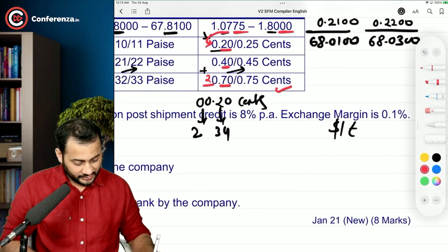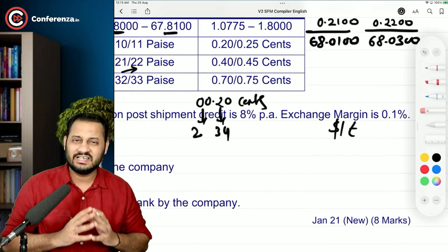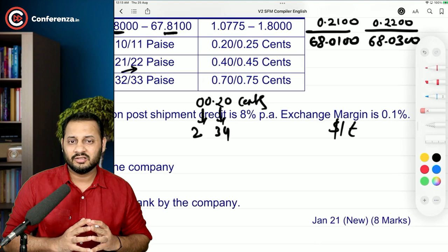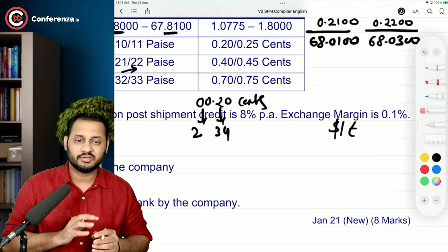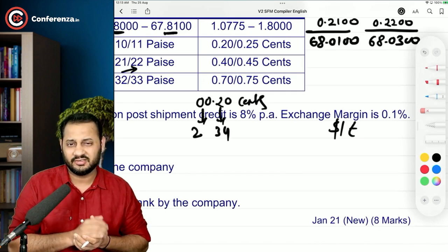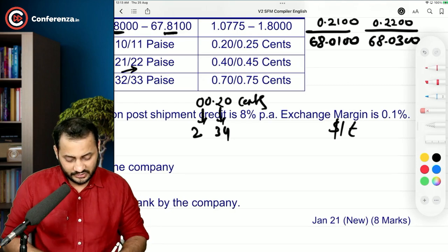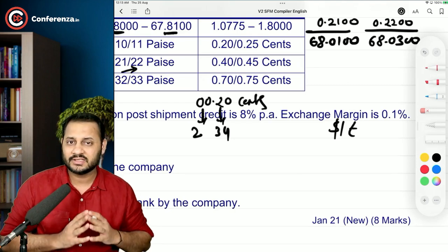Very difficult to understand, and I think 99% of the students would have made this mistake. But that's okay. The institute is unnecessarily trying to trick the students. This is way too much that they have gone. I think they should have simply written 20 cents, 40 cents, 70 cents.